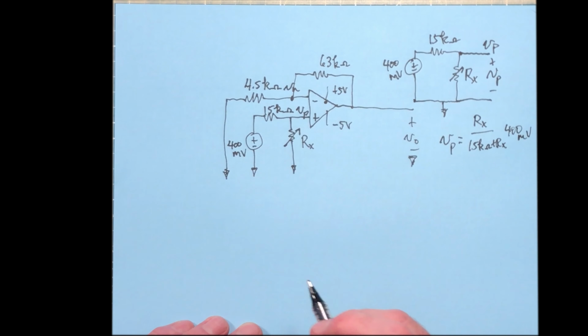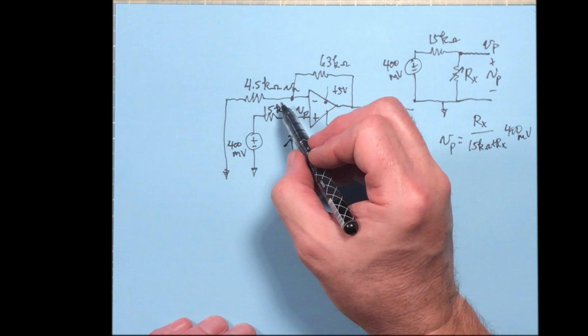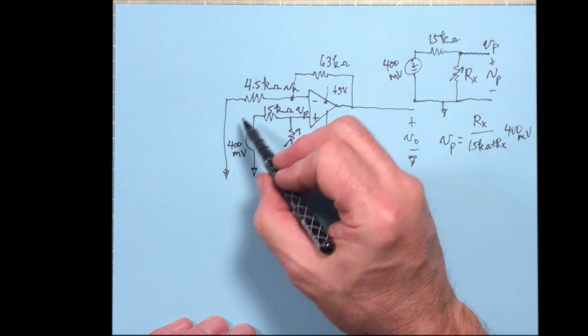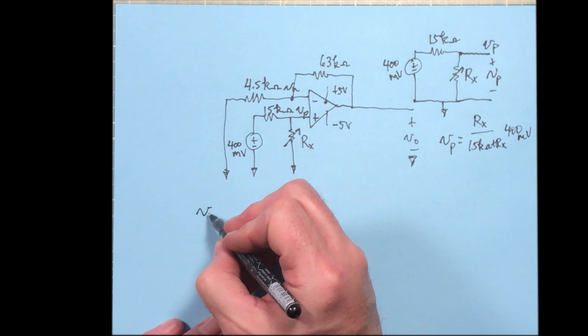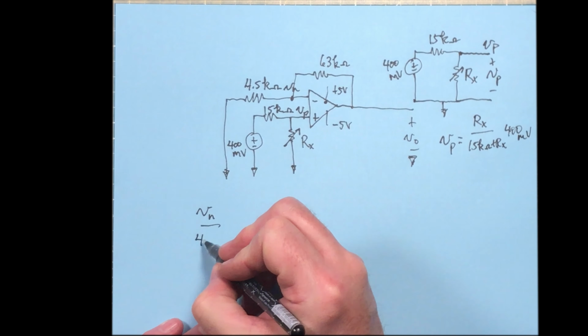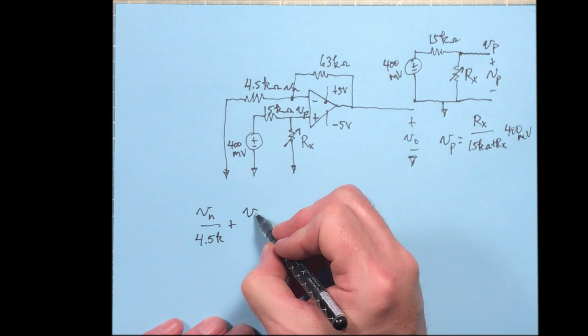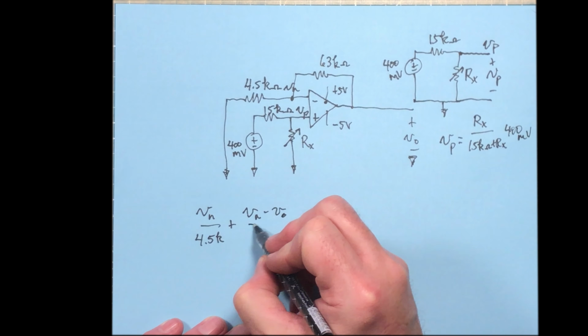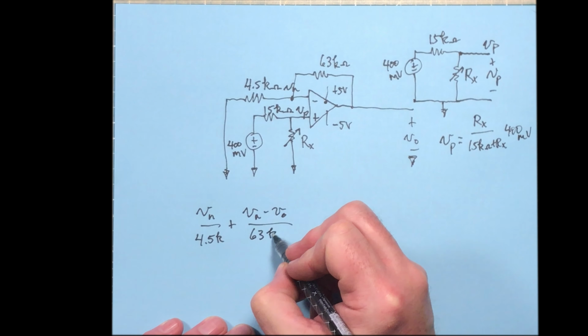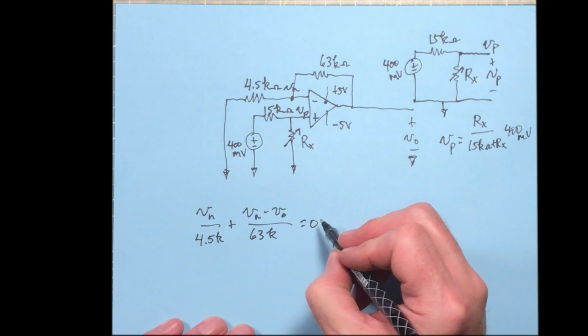Then you know what V sub n is as well. And we can write a node voltage equation for the top node then: V sub n over 4.5K plus V sub n minus V output over 63K equals 0.